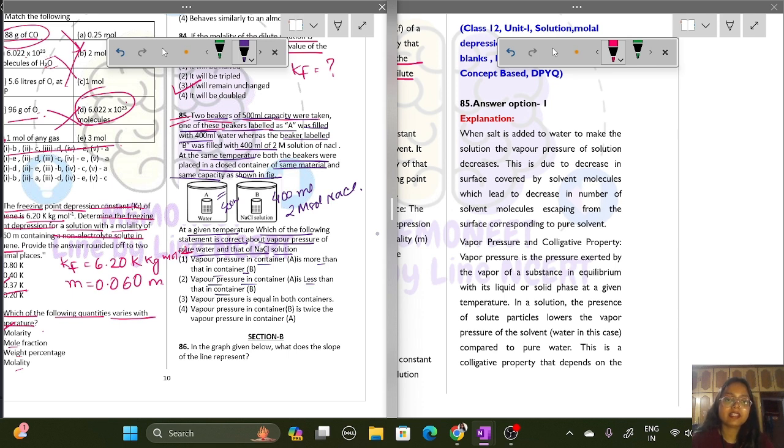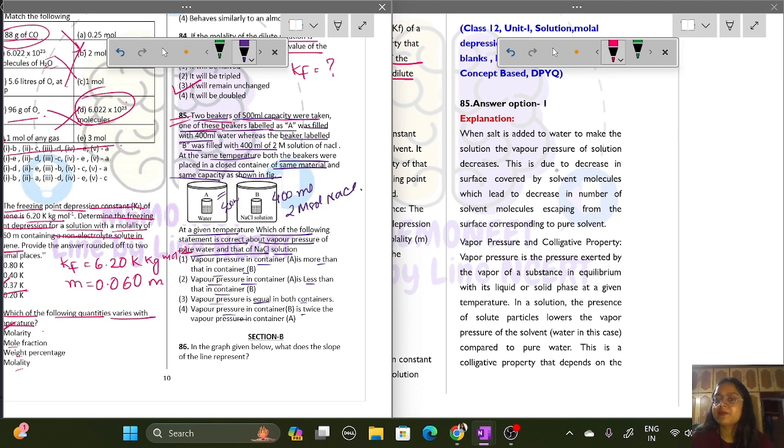Third says the vapor pressure is equal in both, and fourth says the vapor pressure in container B is twice that of container A. Which option are you going with? Option 1 will be the correct option.